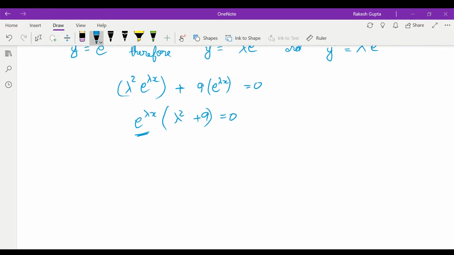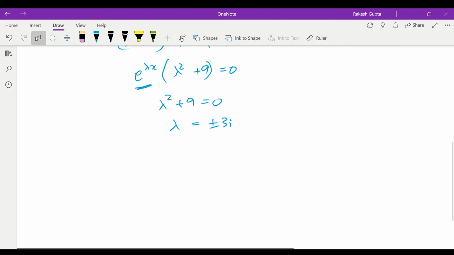As e power lambda x cannot be 0, an exponential cannot be 0, therefore lambda square plus 9 is equal to 0, which then gives us the value of lambda as plus minus 3i, where i is also referred to as iota, the value of which is given by under root minus 1.